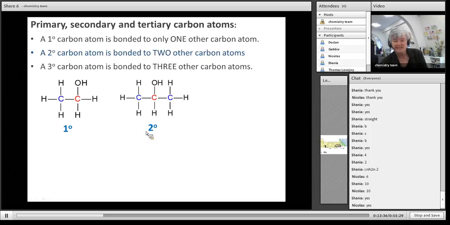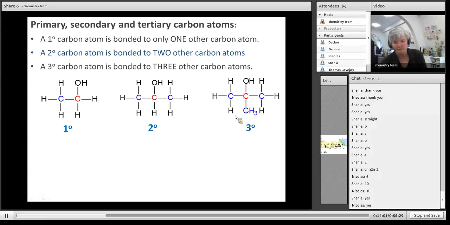If I have a secondary alcohol, then you look at the carbon that the OH is bonded to, and the red carbon is bonded to 2 others, and that's why it's secondary. And then finally, the tertiary: you look for the functional group, OH, look to see how many other carbon atoms it's bonded to, and then you get a tertiary over there. 1, 2, 3.